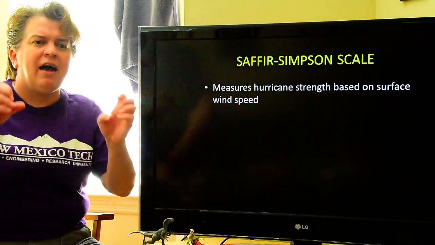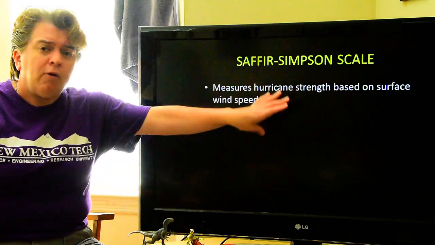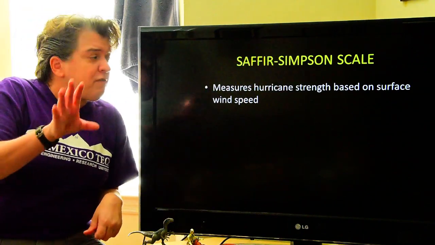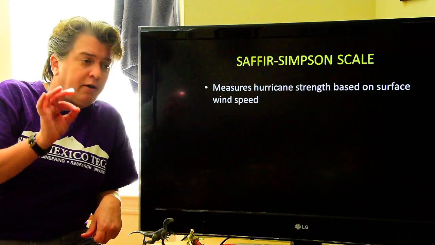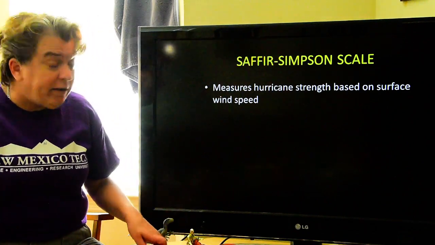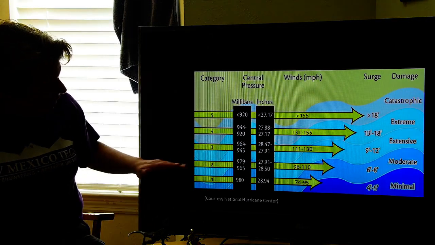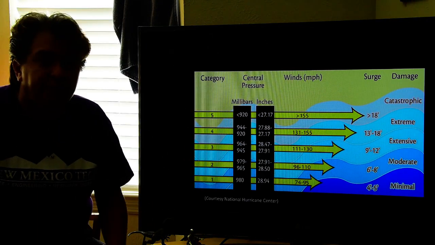All of these things have a scale. Well, for hurricanes, we use the Saffir-Simpson scale. And this measures the hurricane strength based on wind speed. And it goes from category 1 to category 5.